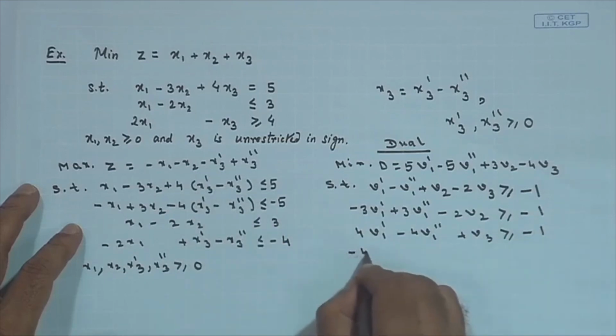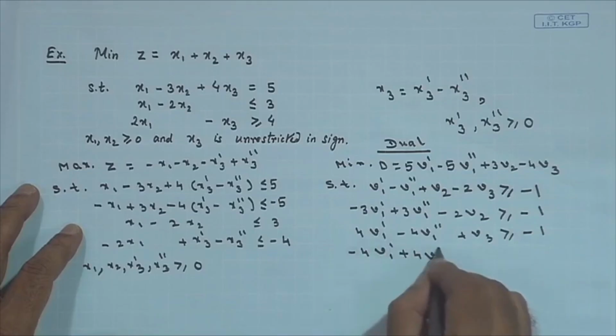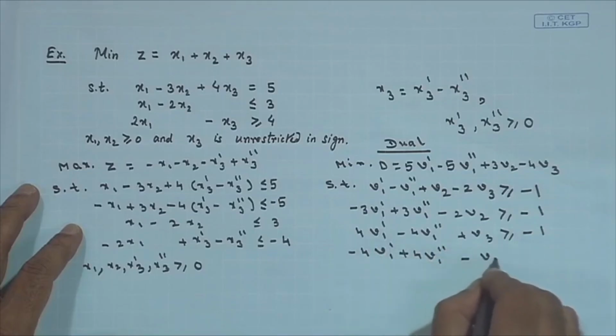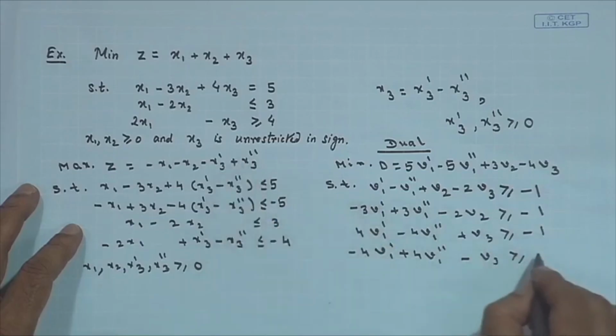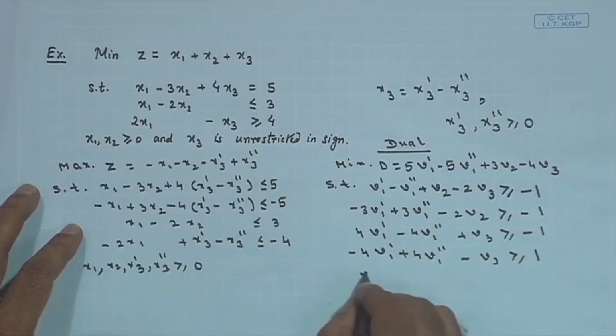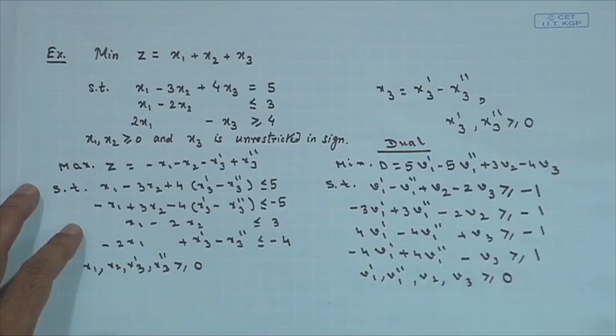The last one will be minus 4 v1 dash plus 4 v1 double dash minus v3, which is greater than or equal to 1, the coefficient of x3 double dash. And v1 dash, v1 double dash, v2 and v3 are all greater than or equal to 0. So this is the problem.